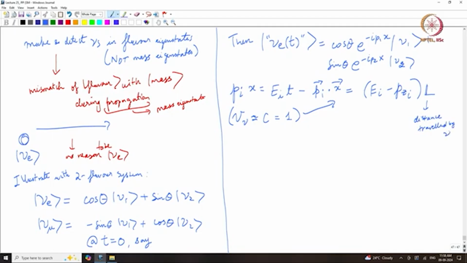All right. Now, what else can I do with this? So, this E i, because again the neutrino is so light, it is almost like a photon. So, E i is literally almost equal to P z i. But I can do better actually.